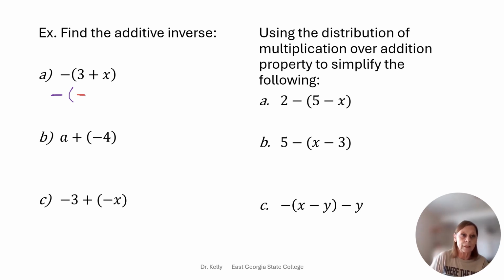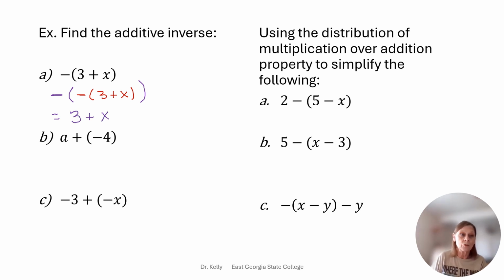So that's negative of negative 3 plus x. And I know this seems a little bit nuts, but with the actual definition of additive inverse, it's what I've done here in purple. A negative of a negative, which I just showed on that last property, says that these cancel out, and so we're just left with 3 plus x.